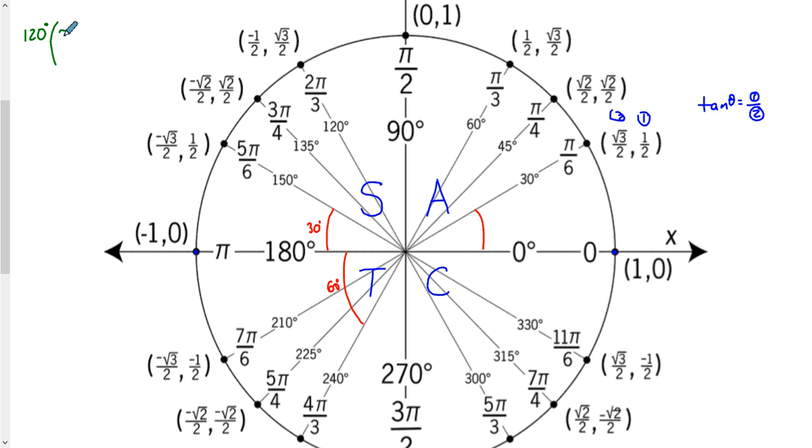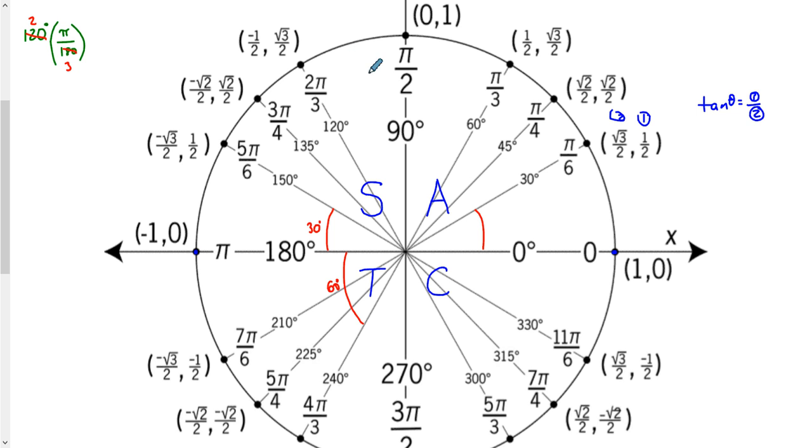So if we go by hand, 120 and 180 are both divisible by 60. 2 and 3, so 2/3 of a pi. 135 degrees is 3/4 of 180. 150 is 5/6 of 180.